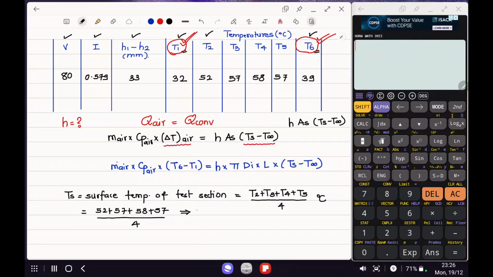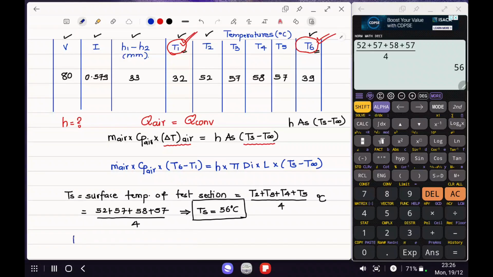So Ts is equal to, I will just do it in front of you in the calculator, 52, 57, 58 and 57 divided by 4. So that is equal to 56 degrees Celsius is the Ts. And as I always tell my students, bracket the answer because this value will be required somewhere else.